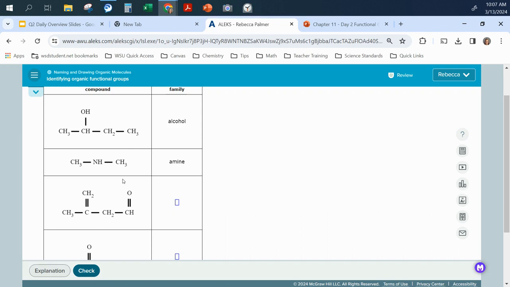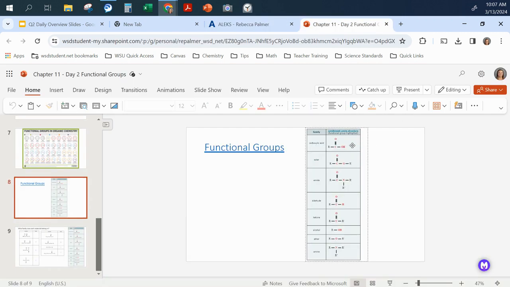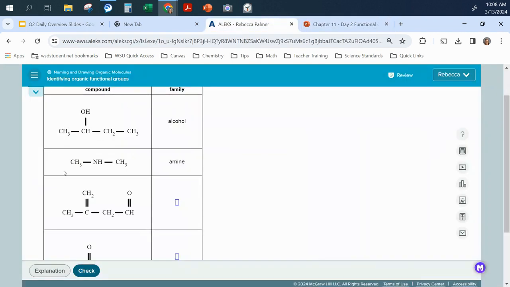Okay, this one, if you see a double bond between 2 carbons, they're trying to trick you. So don't look at the double bond if it's just between carbons. There are no functional groups, for us, in our examples, that have to do with carbon double bonded to carbon. So ignore that. They're trying to distract you.